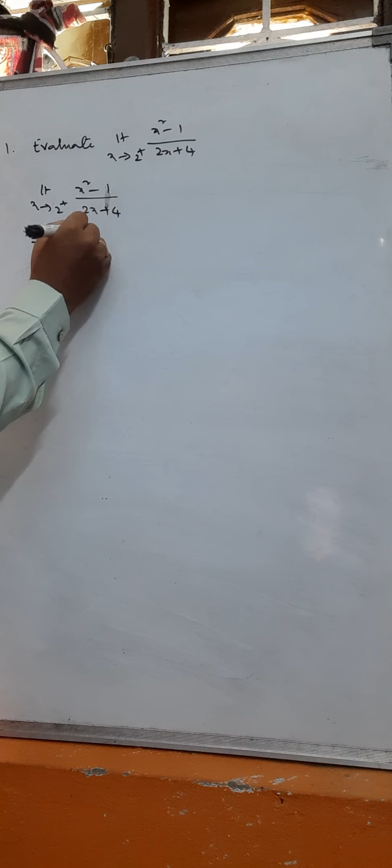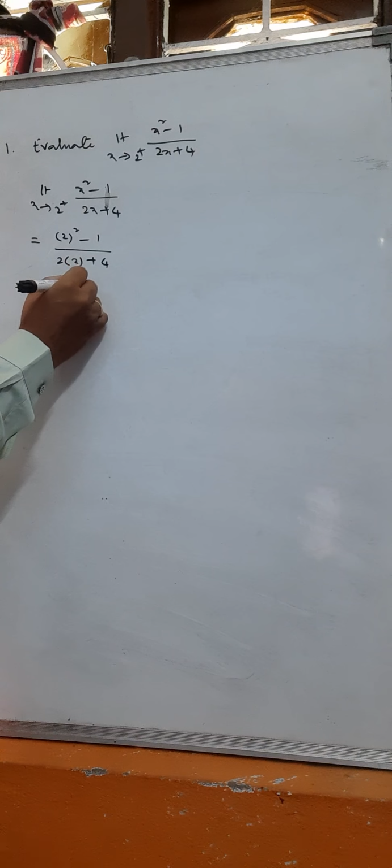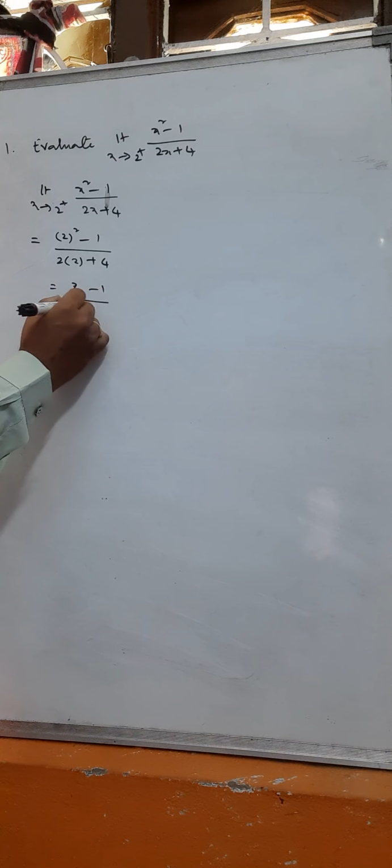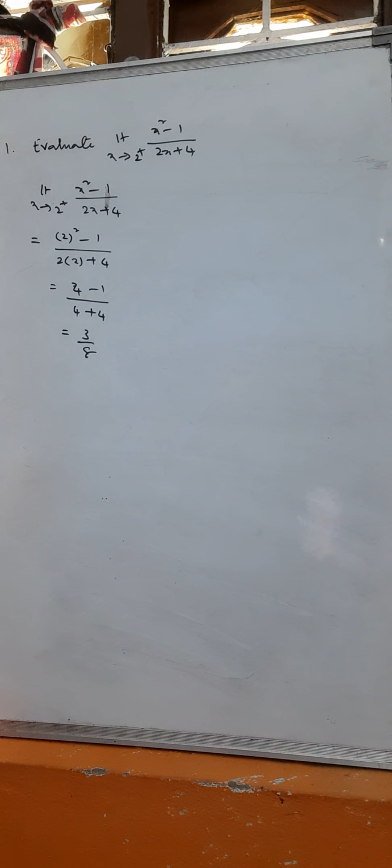So this is 2 square minus 1 by 2 into 2 plus 4. That is 4 minus 1 by 4 plus 4. So that is 3 by 8.